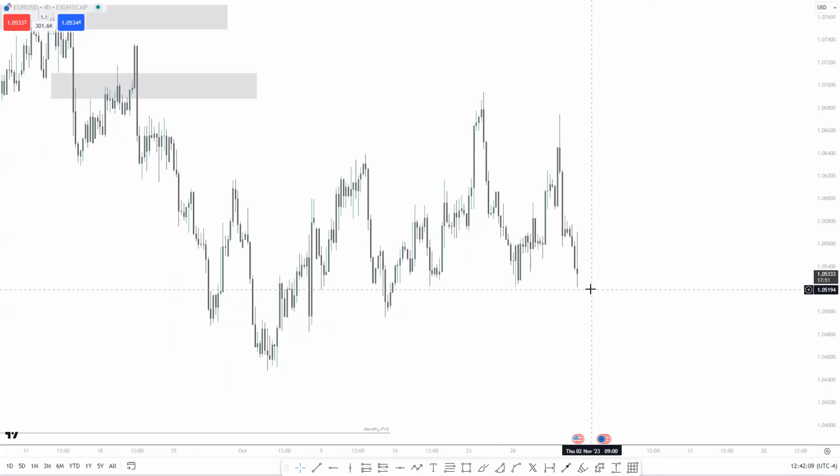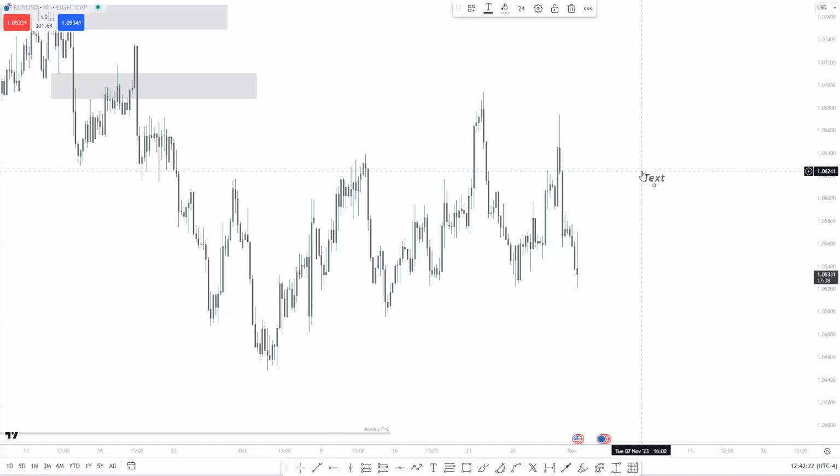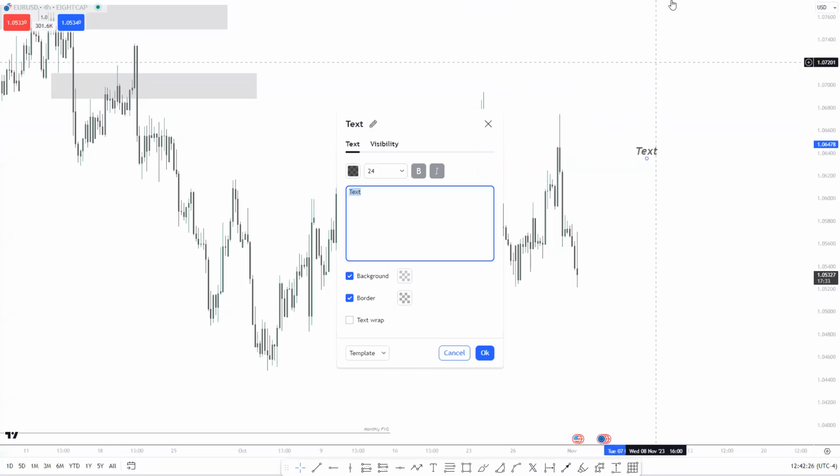You have to use 3 time frames. I'll give you time frame alignments first, and then we can go into top-down analysis and how we go from the high time frame to a lower time frame.